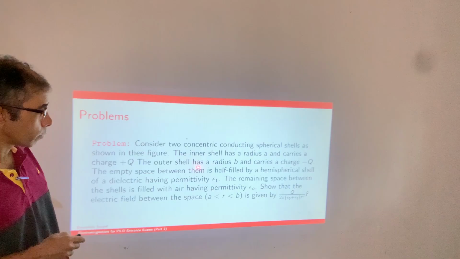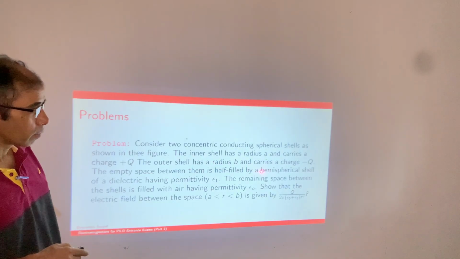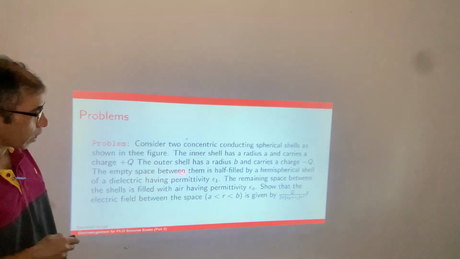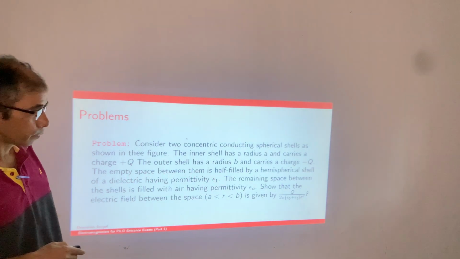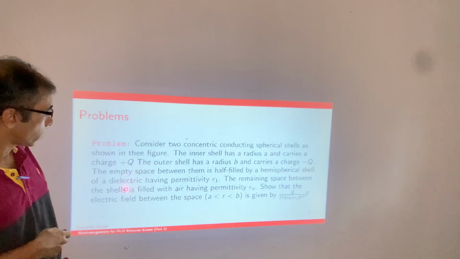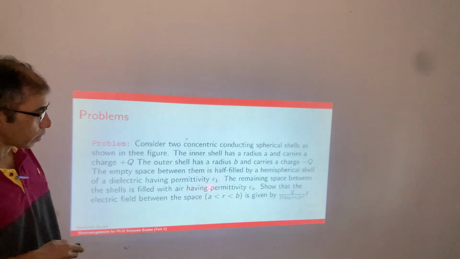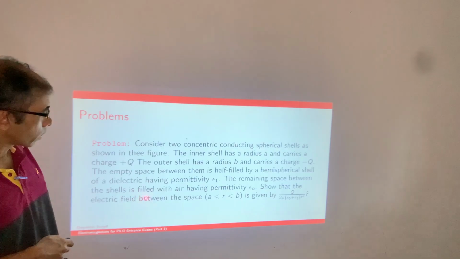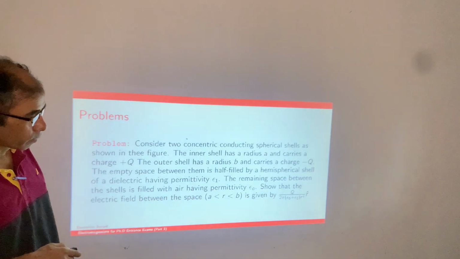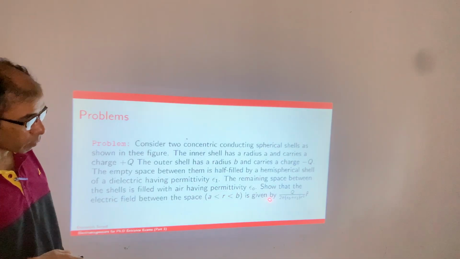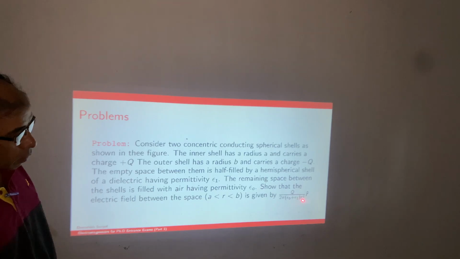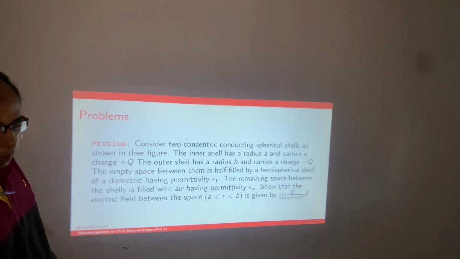The empty space between them is half filled by a hemispherical shell of a dielectric having permittivity epsilon 1, and the remaining space between the shells is filled with air having permittivity epsilon naught. Show that the electric field in the space where r lies between a and b is given by q by 2 pi (epsilon naught plus epsilon 1) r square times r cap.